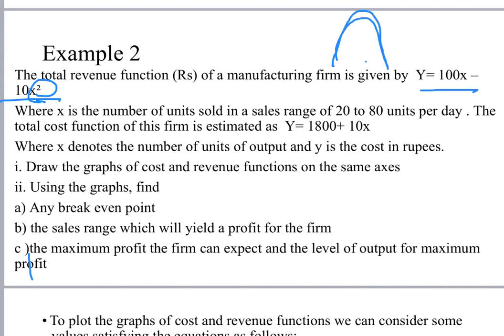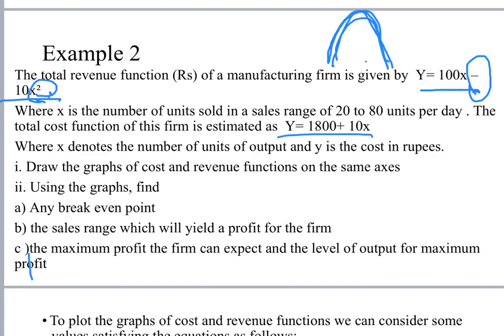Because we can see the sign of our x squared term is minus. If the x squared term sign is minus, then we have a maximum value parabola shape. And our given cost function is also the linear one.